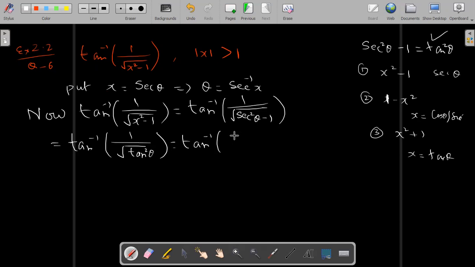and we get 1 by tan theta, square and square root will cancel.